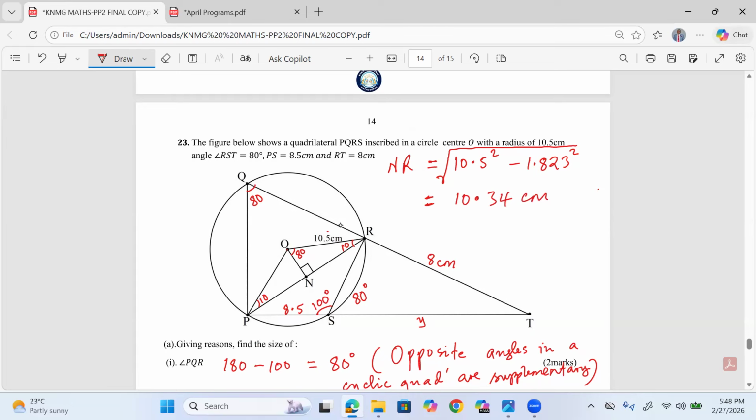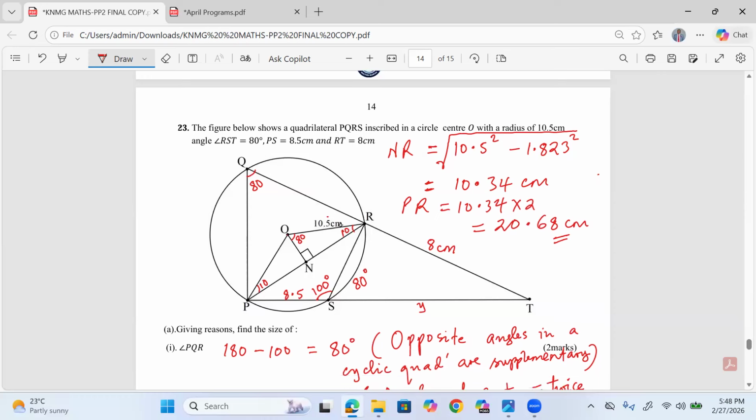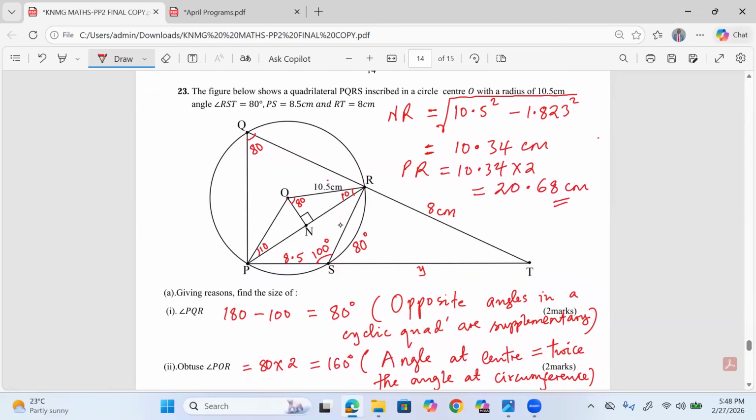That is NR, meaning that the whole PR can be found by 10.34 times 2, giving us 20.68 centimeters. So we have the length of PR as 20.68.